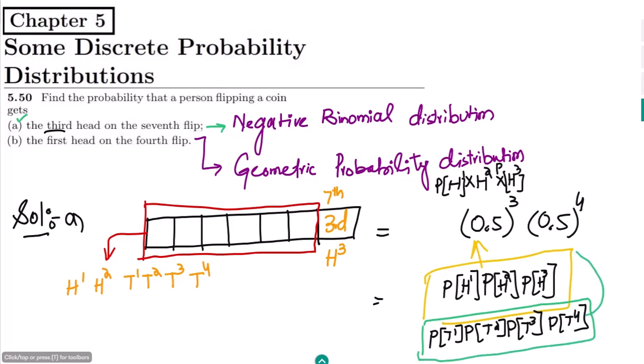Multiplying them together, we get this, and this is for this specific combination.